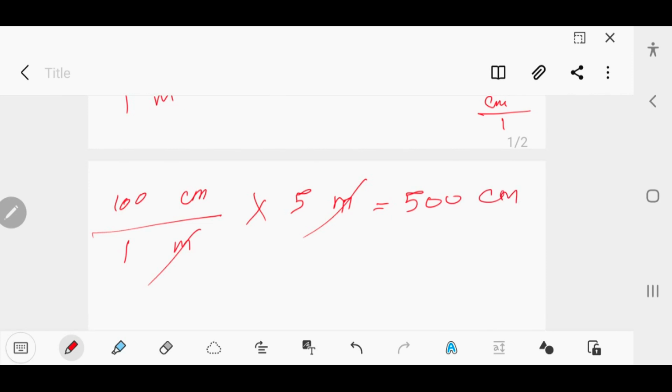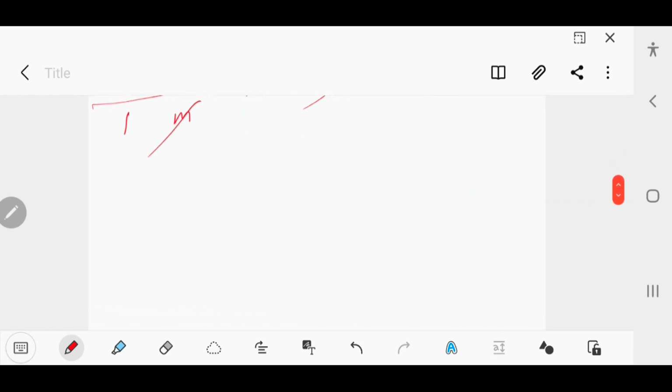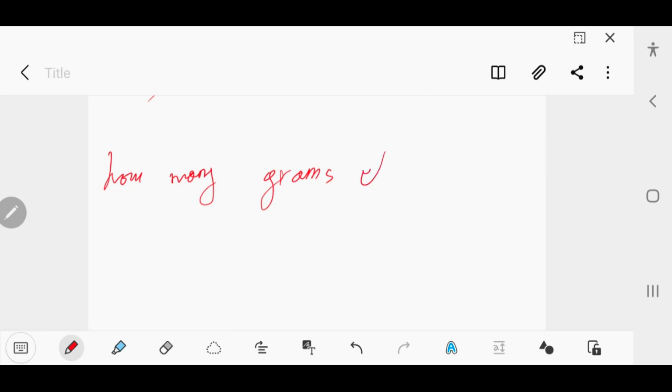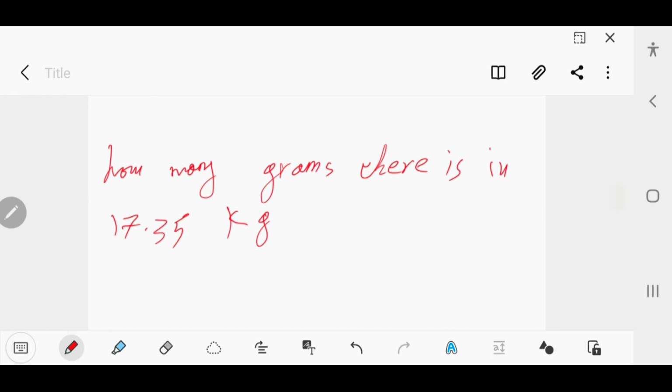Now, let's take another example. How many grams are there in 17.35 kilogram, for example.